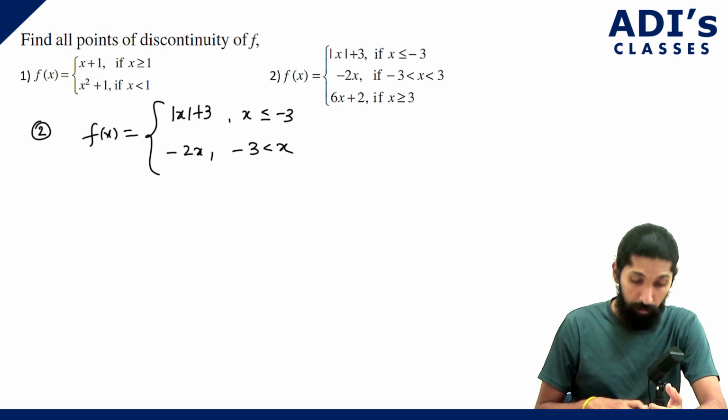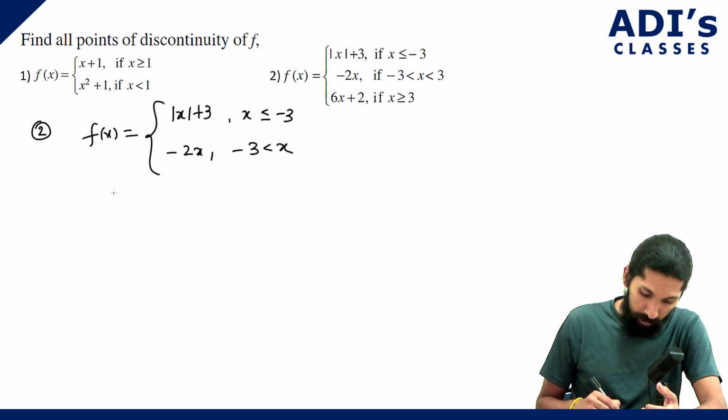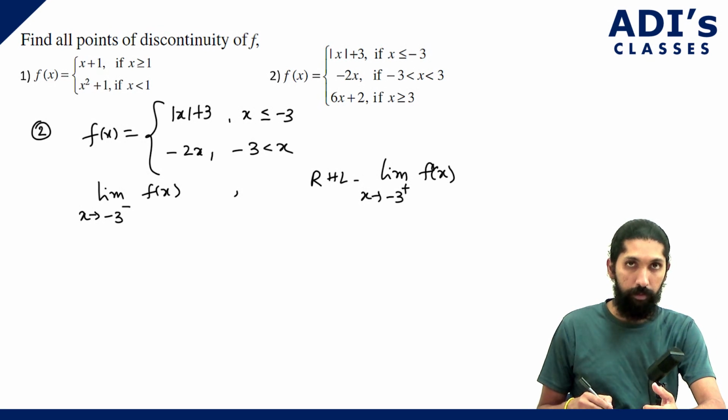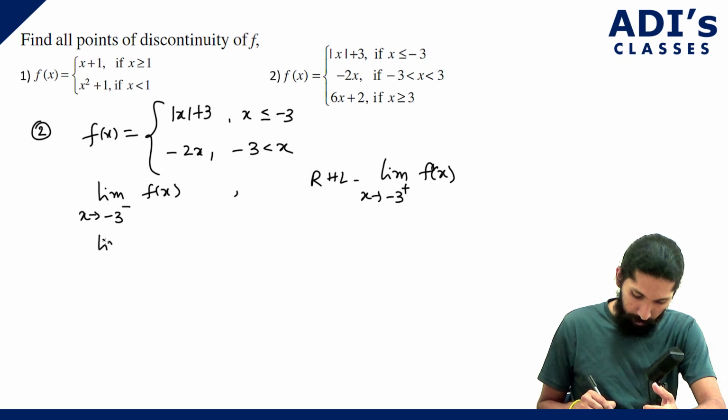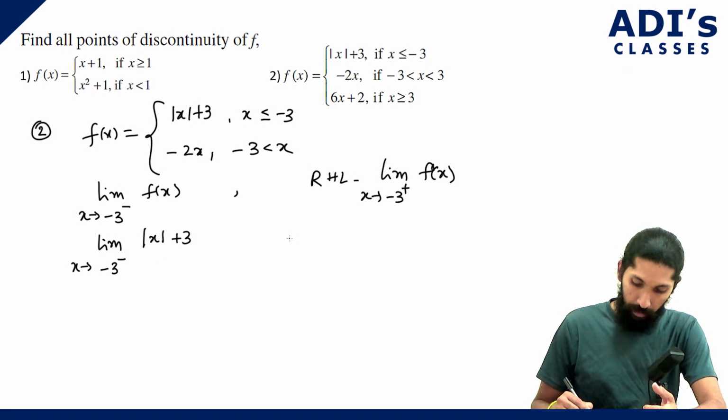In the first part, at minus 3, we'll do LHL and RHL. LHL is the limit as x tends to minus 3 minus, and RHL is the limit as x tends to minus 3 plus of f of x. This is the limit as x tends to minus 3 minus of mod of x plus 3, and here the limit as x tends to minus 3 plus of minus 2x.